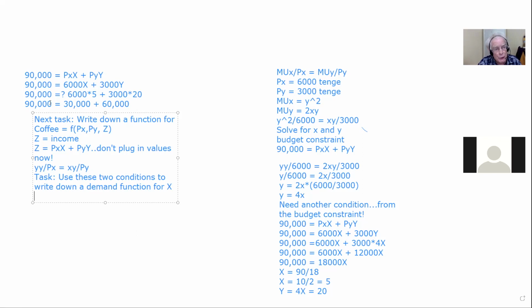Okay, questions so far? Any questions about how we had arrived at the revised solution? Questions about what to try for tomorrow and writing down the demand function for coffee.